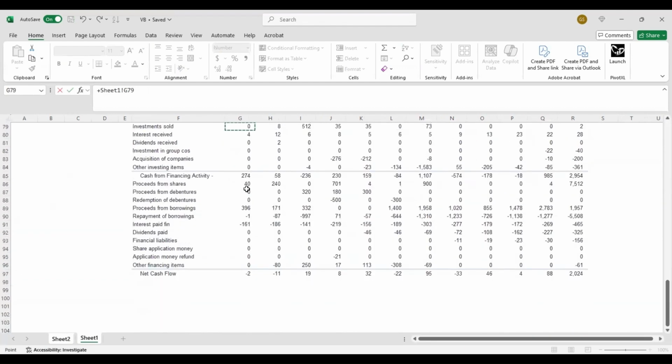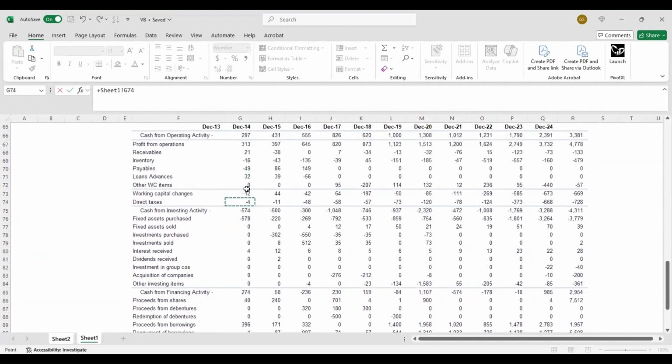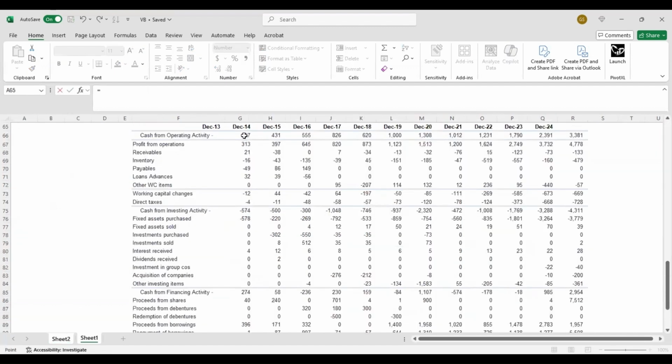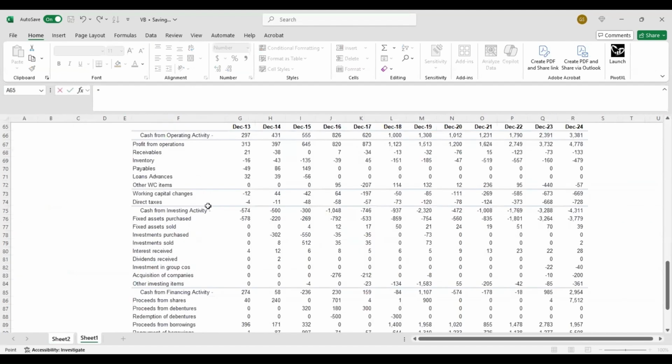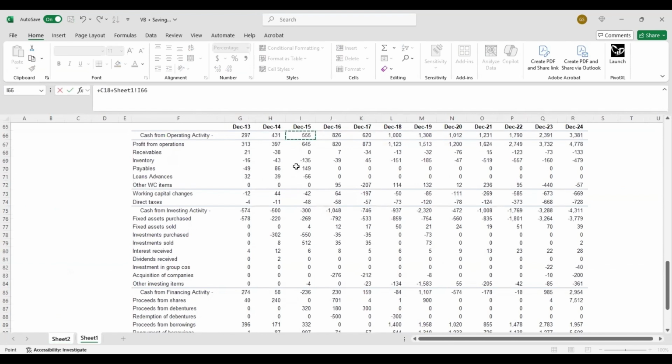So I go to the cash flow from operations section. This is my cash flow from operations. This is my cash flow from operations for 2014, and then I add my cash flow from operations from 2015.